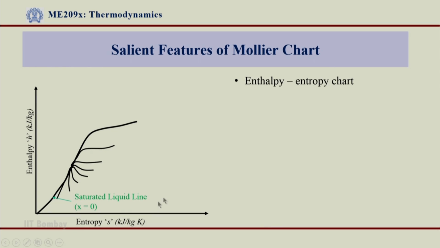The Mollier chart basically represents lines of dryness fraction, which we do not see on the steam table or even on phase diagrams. Here one can directly read the value of x from the Mollier chart, which is one of the highlights of this chart. So, when I say x is equal to 0, it is the saturated liquid line, and the other one therefore is x is equal to 1, which represents the saturated vapor line.